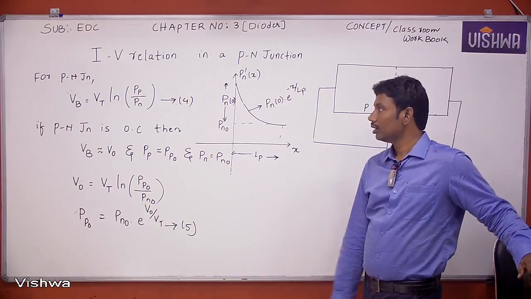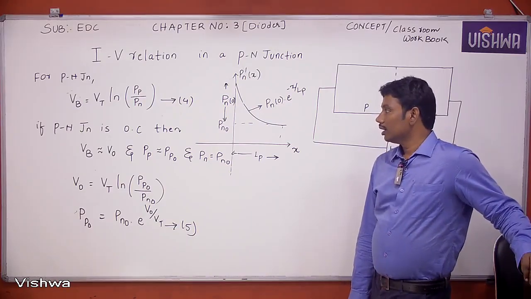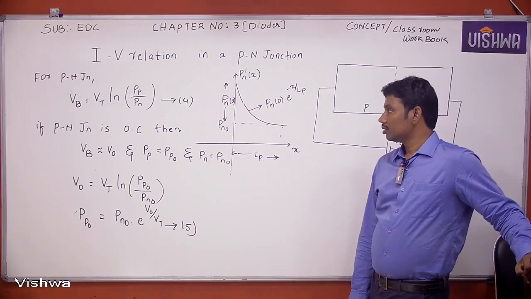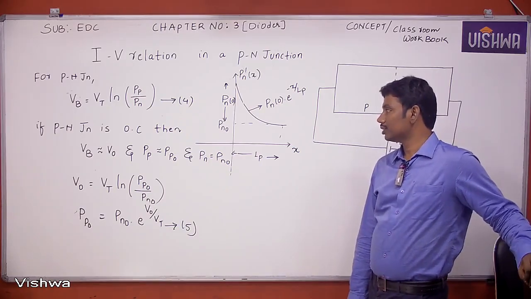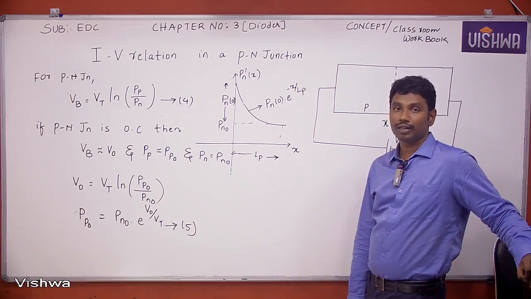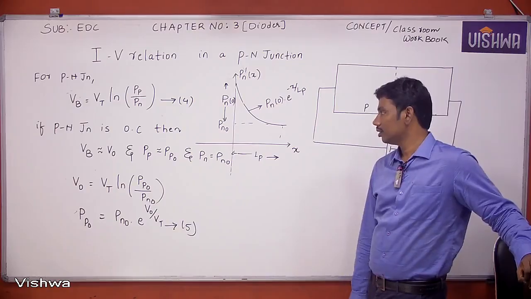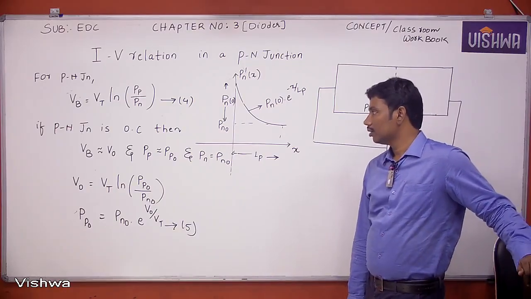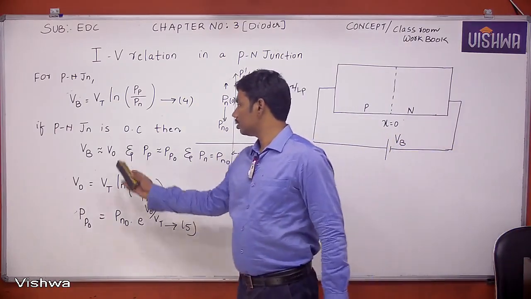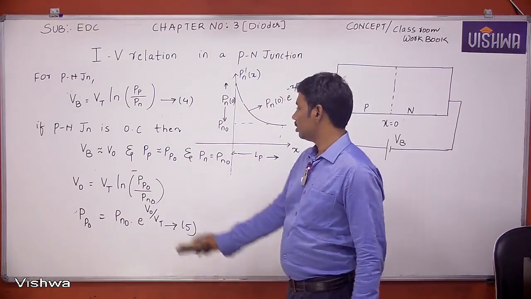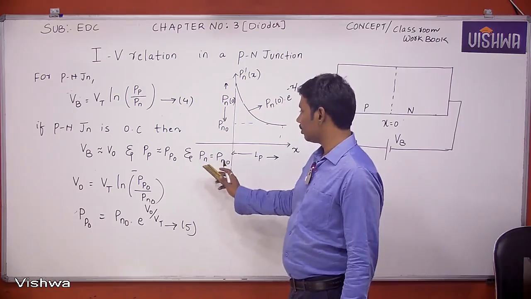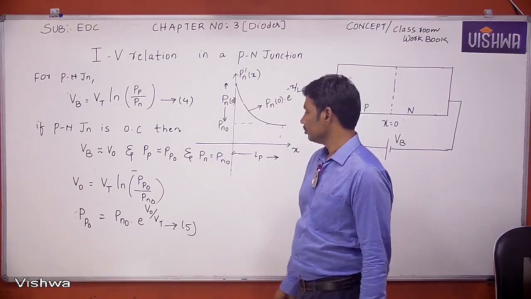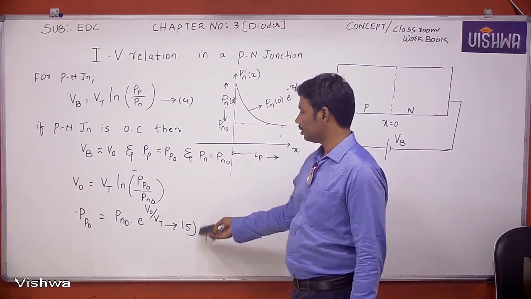Next point. If the PN junction is in open circuited condition, open circuited means unbiasing condition, then VB is equal to V0 and PP is equal to PP0 and Pn equal to Pn0. Now write down these two equations.